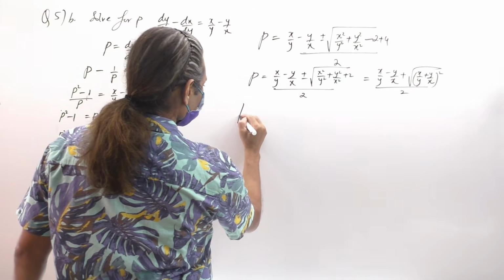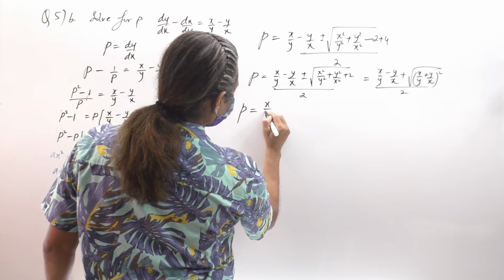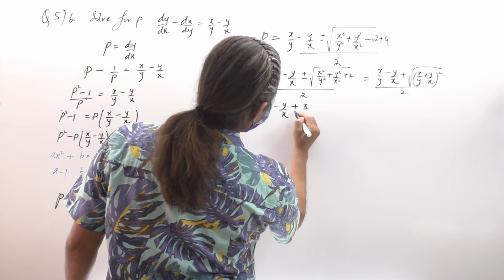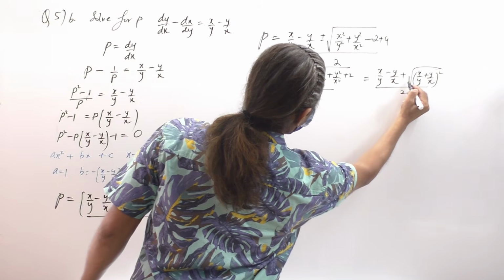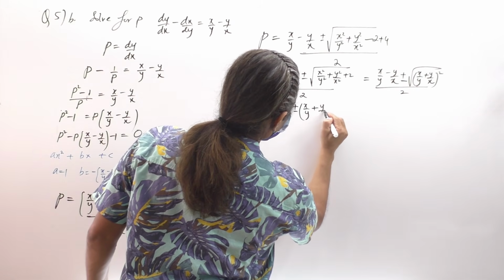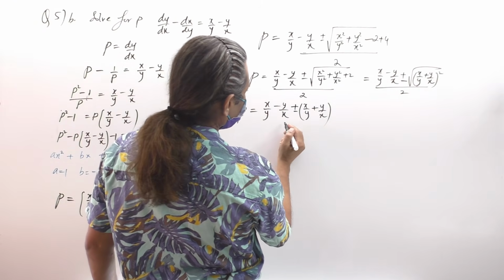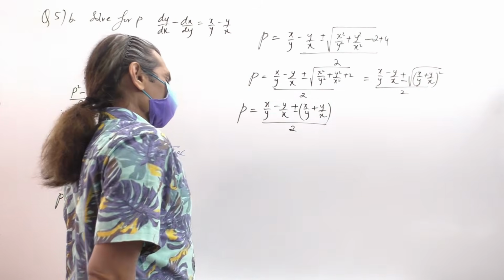That means P is equal to now x by y minus y by x plus or minus x by y, sorry, plus or minus plus y by x, because the whole square root cancels, upon 2. So this is what I have.